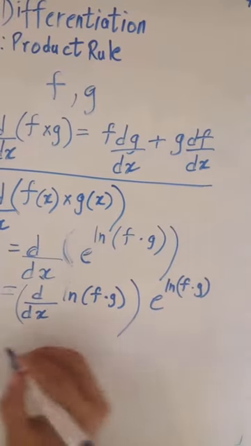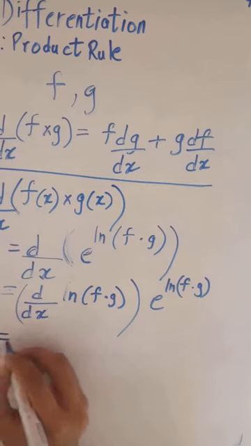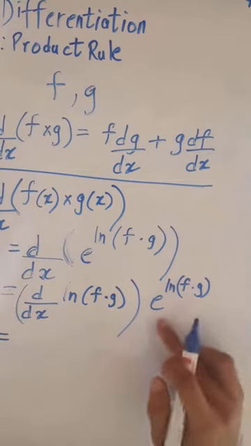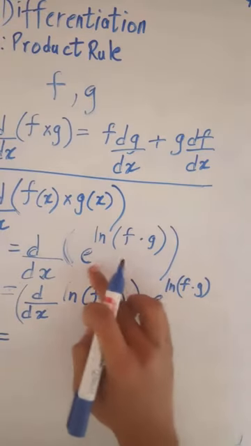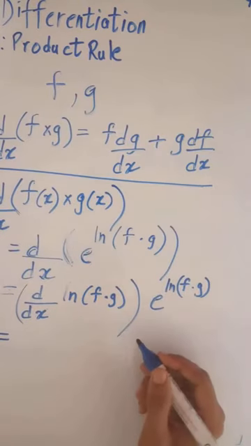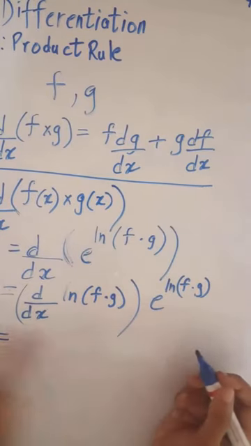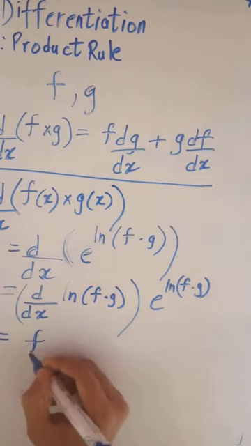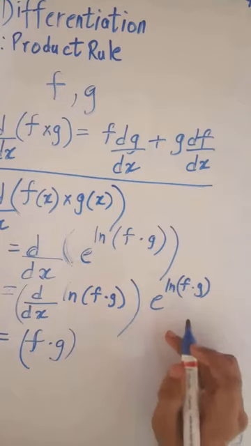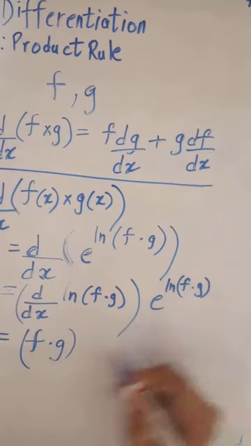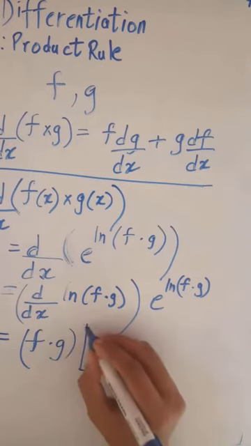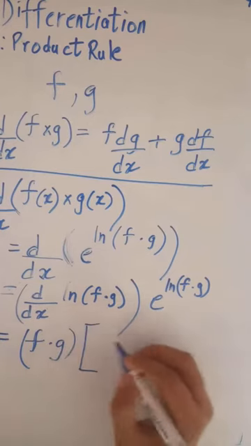Now, this function, if you remember, is just another way, as you can see here, of writing the product of these two functions. So what I'm going to do is now I can simplify this and write this as f multiplied by g. So this is this function, they are both the same. And here, this derivative, I'm going to write it again.